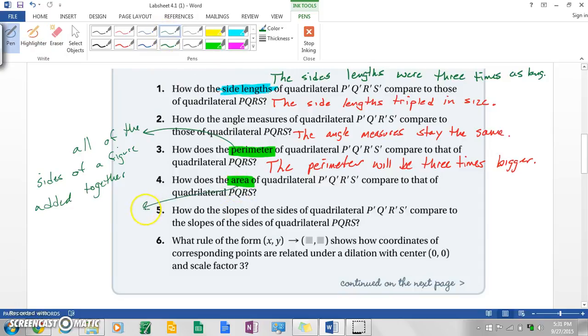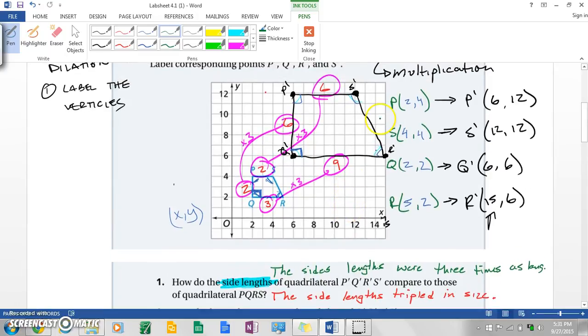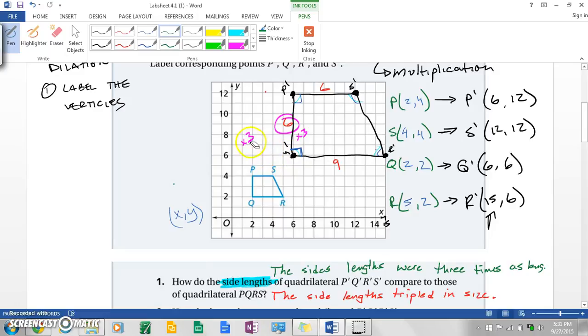When we talk about area, area is all of the squares inside. When you look up here, you'll notice that some of the squares on the inside are not totally filled in. We have 1 hole here, 1 hole here, 1 hole here, 1 hole here.